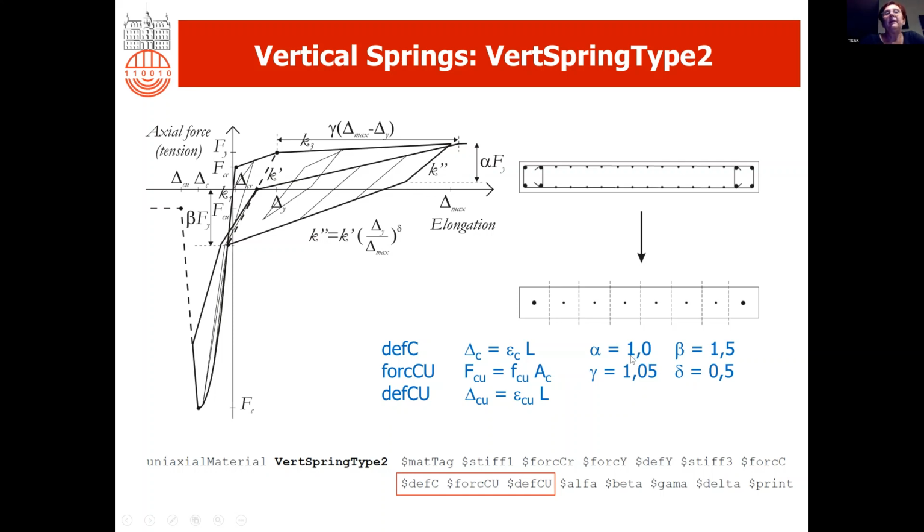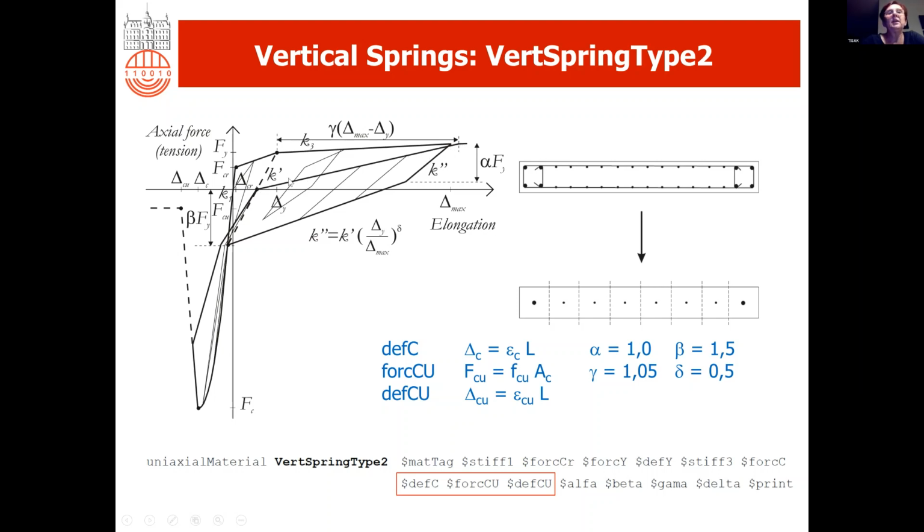And then parameter beta defines this unloading branch. You can see it is defined by this force, which is defined based on the yielding force. And then gamma defines how this reloading branch goes.